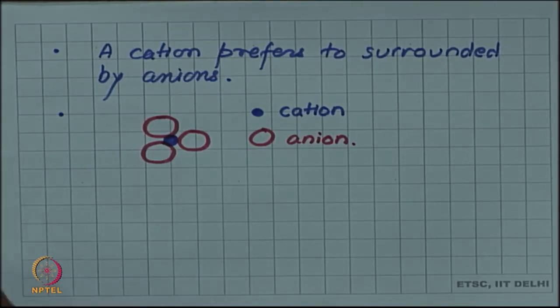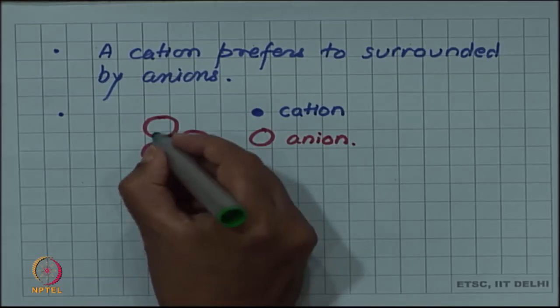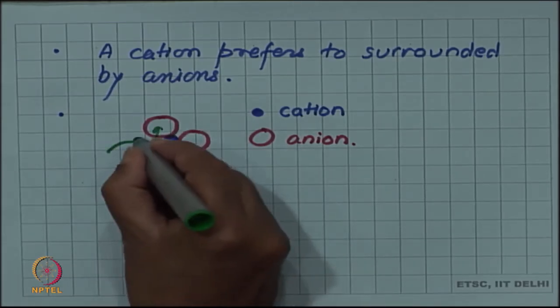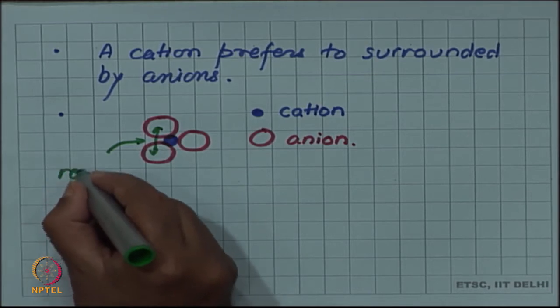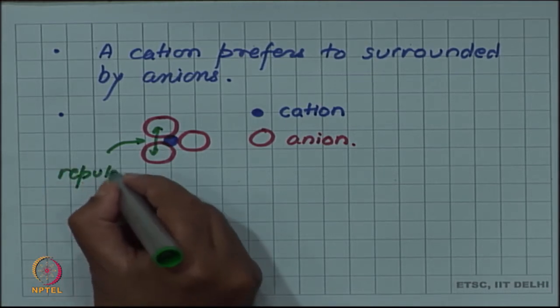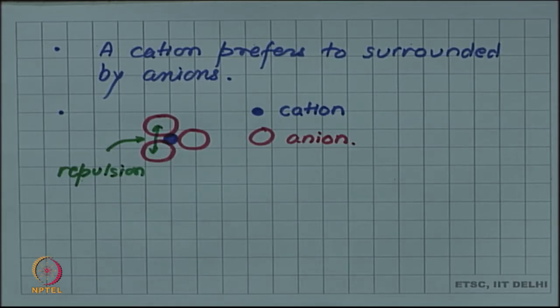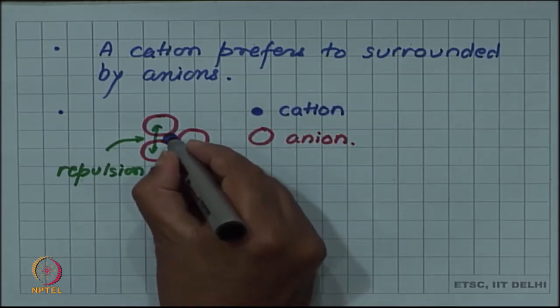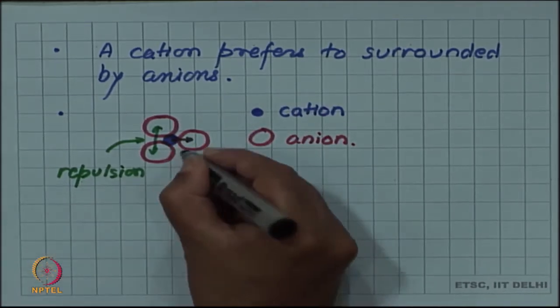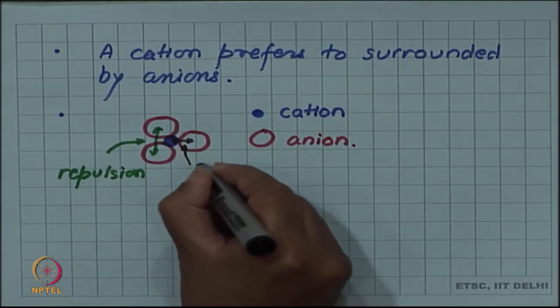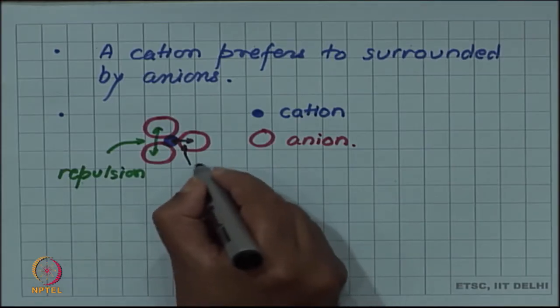Now, anions also are repelling, so they will like to maximize this distance. This is repulsion, whereas obviously there is attraction between anion and cation, so they are as close as possible.